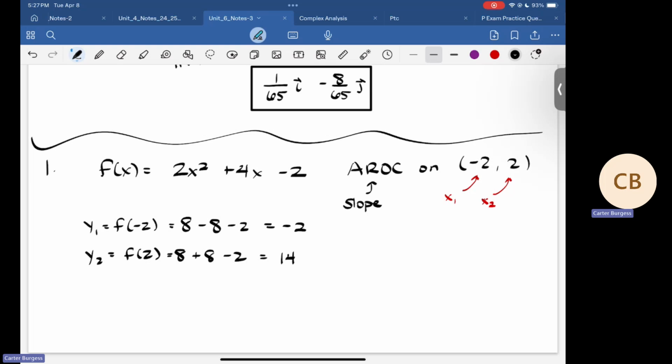I get 14. This is slope. And so this is y2 minus y1 over x2 minus x1, 16 over 4, gives me an average rate of change of 4.